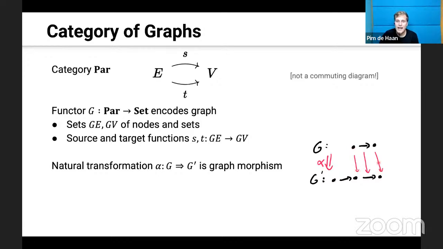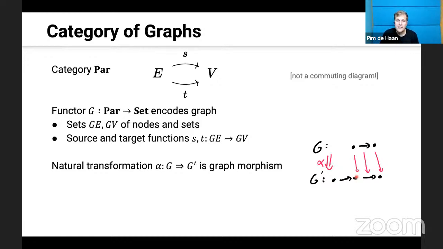And then we have a commuting diagram. Basically, if we go from this edge to its source vertex, and then apply the component that maps us to the source vertex in the graph G prime, or first map from the edge in G to the edge in G prime, and then to the source vertex, then the vertex that we end up at must be the same.